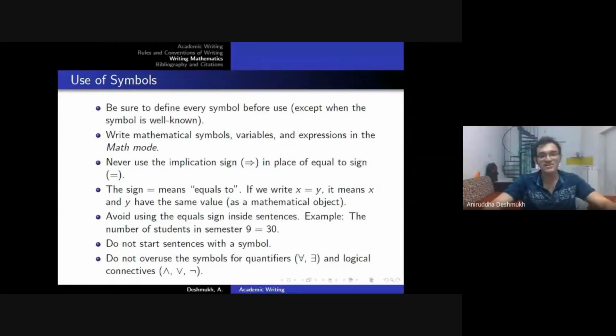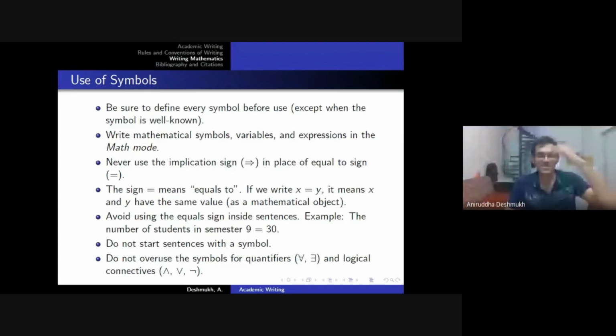But if you look at it as an English grammar matter, the sentence is incomplete. The "9 equal to 30" itself means that the value of 9 and the value of 30 are the same, while the sentence before it has no connection with that. So always avoid writing the equals sign inside sentences.